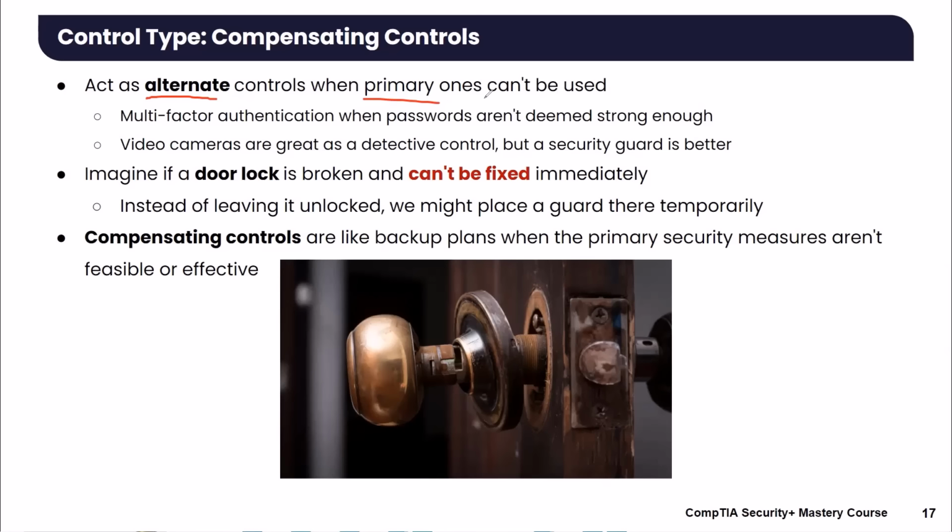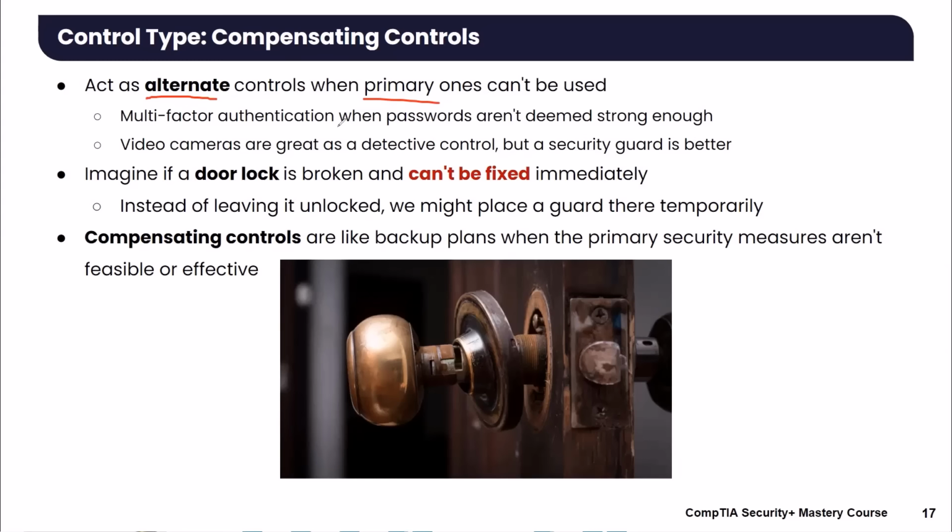What can we do? Well, you're going to do something else. That something else is what we normally call a compensating control. It's an alternative that can compensate for the primary control if the primary control has some weaknesses.